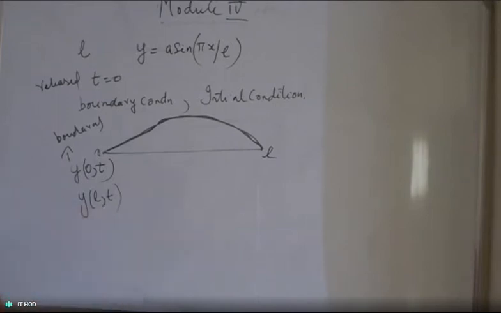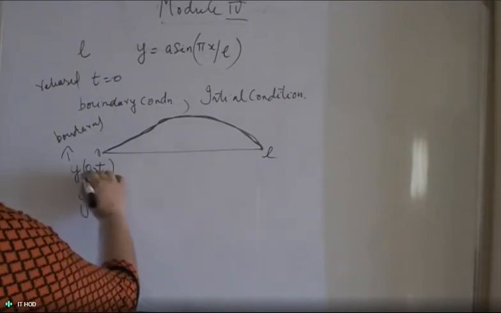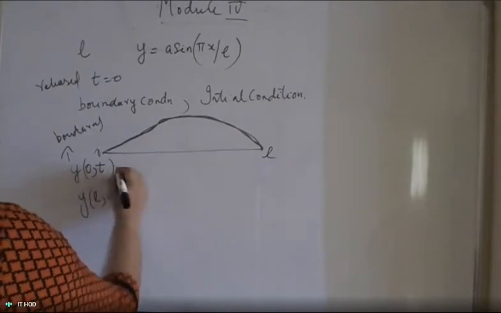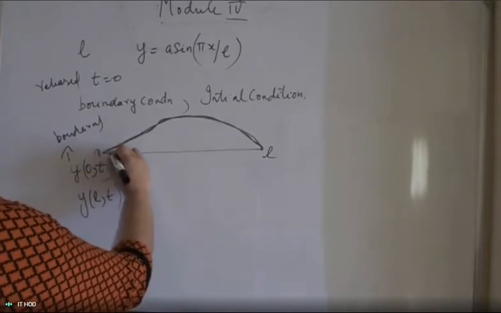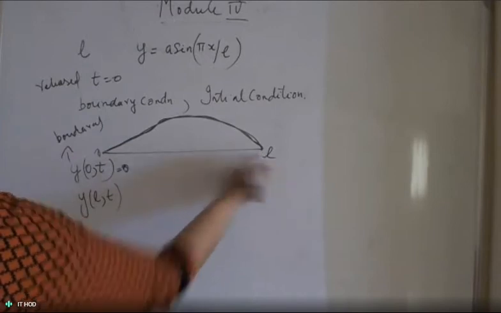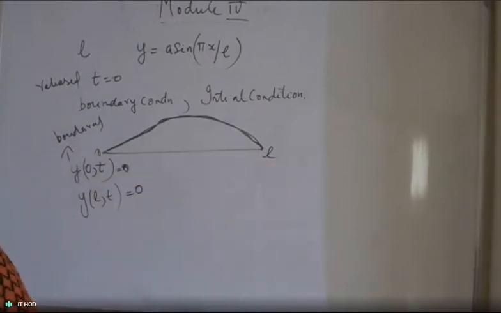Now, reading this problem, we can see that y(0, t), that is x equal to 0, the displacement is 0. Y is equal to 0. And y(L, t) also, displacement is equal to 0. So you already got the boundary conditions. Now, the initial condition.